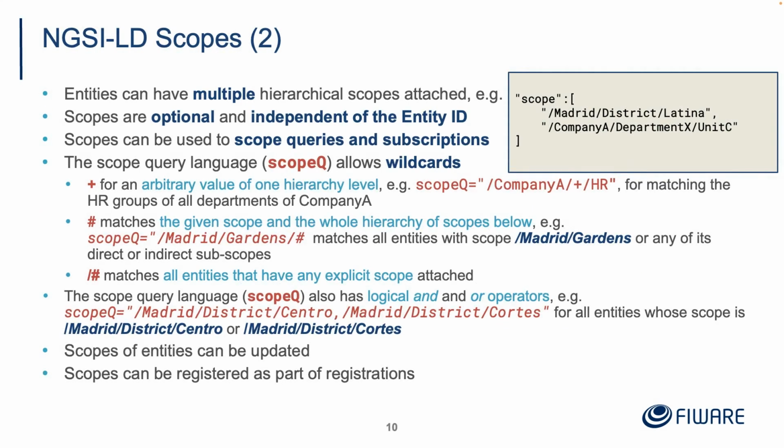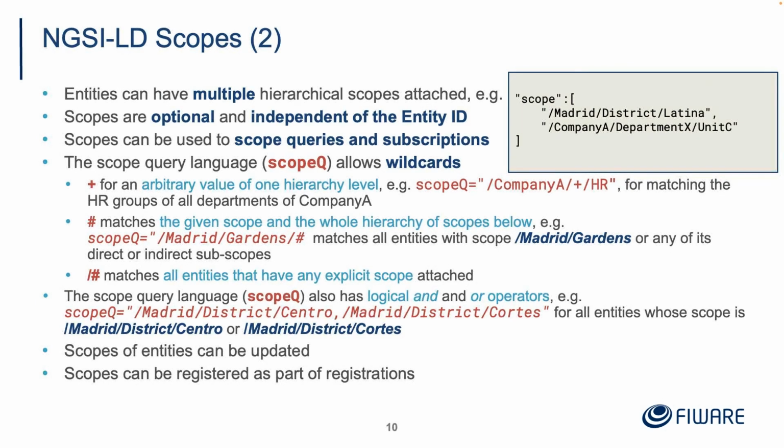Now, you can see on the entity, as well as having an ID and a type, you can have a scope, and a scope is an array, or can be an array, put it that way. So you could have a scope which has got multiple values in it. You can see this one is within a certain district of Madrid, but it's also a certain unit of a company. It's not dependent on the entity ID, and can also be used for subscriptions.